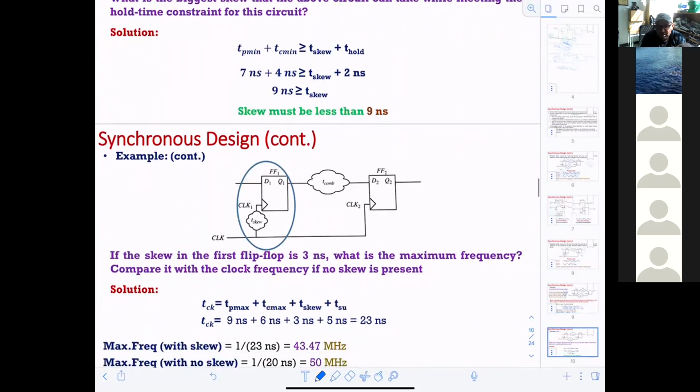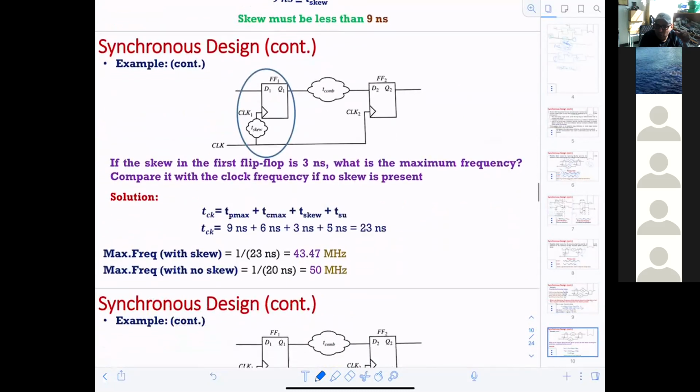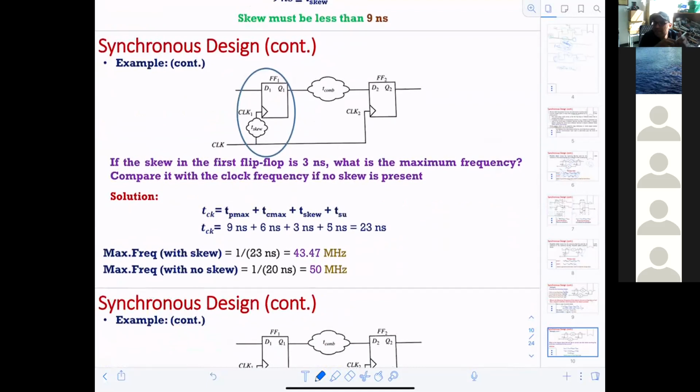So here is the circuit. As I can see from the configuration, this is a negative skew. So I'm going to use the equation dedicated for this case, which is minus the skew, because minus will be positive. That means my maximum frequency will drop in that case to 43.47, and that shows that setup time will be really effective.